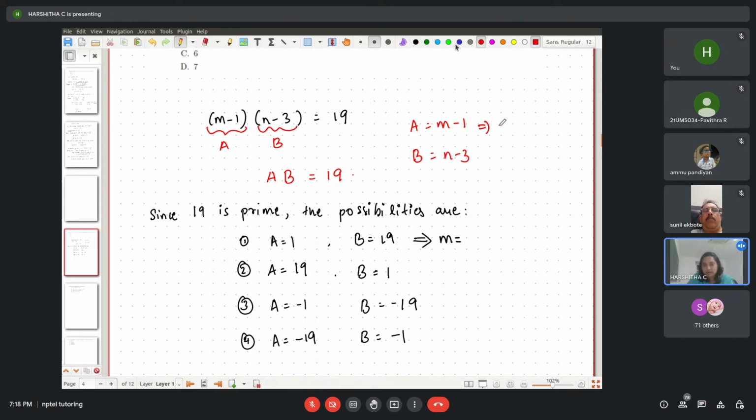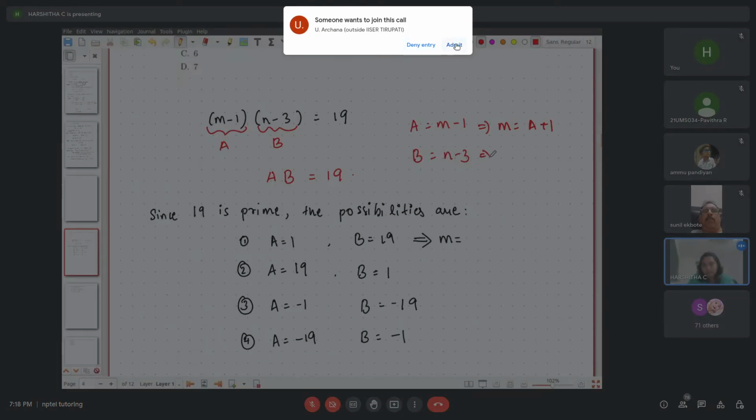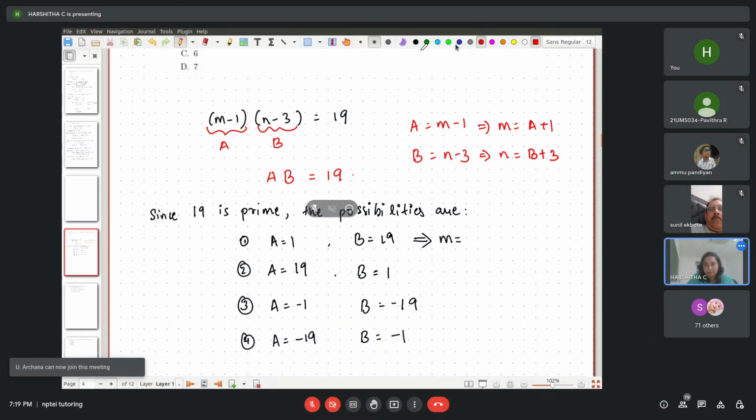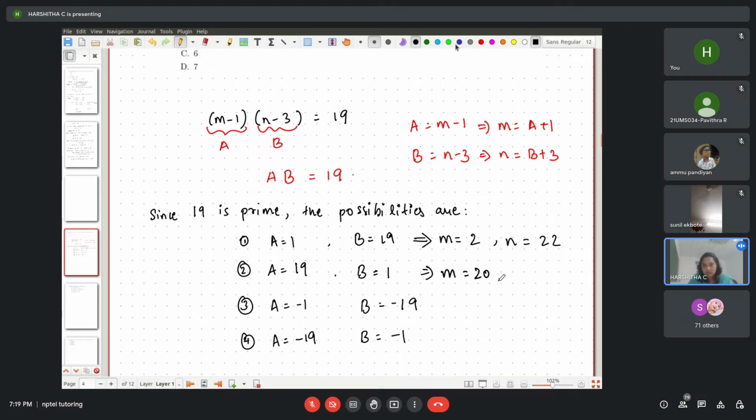Let's write it the other way. So m is a plus 1 and your n is b plus 3. Okay. So your m is 2 and your n is, and so on. So you can get the other ones also.